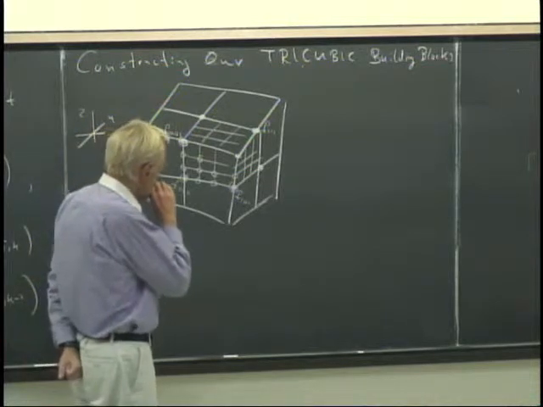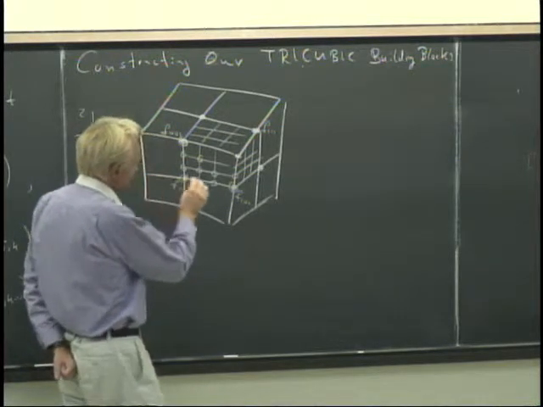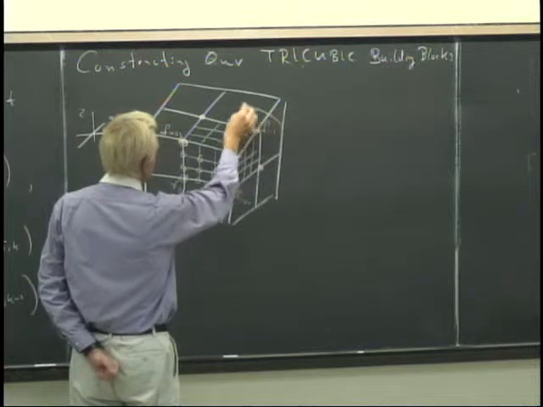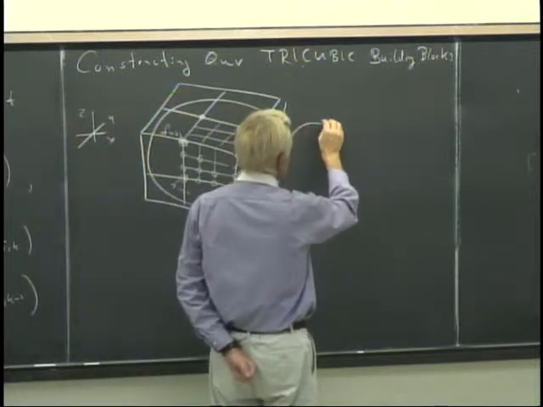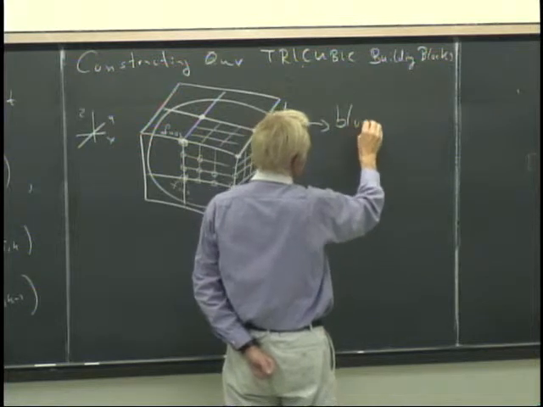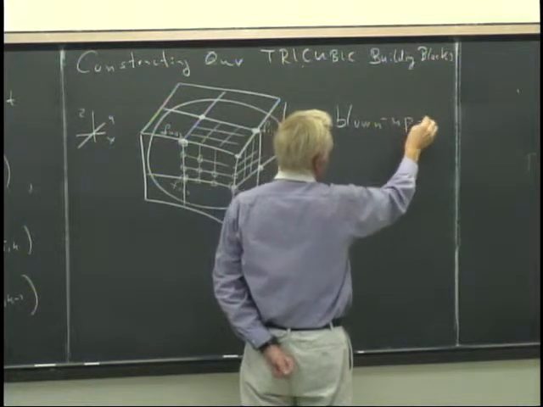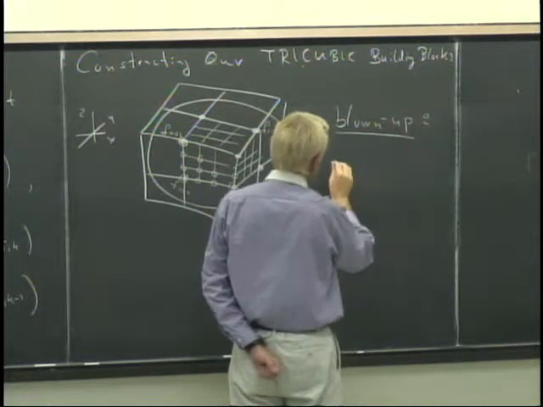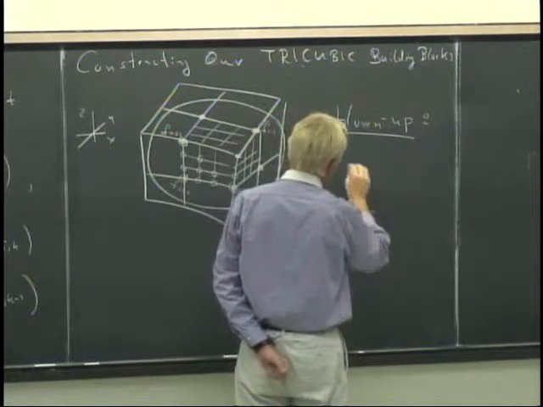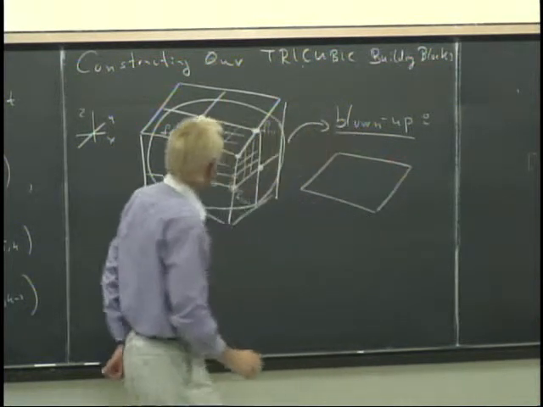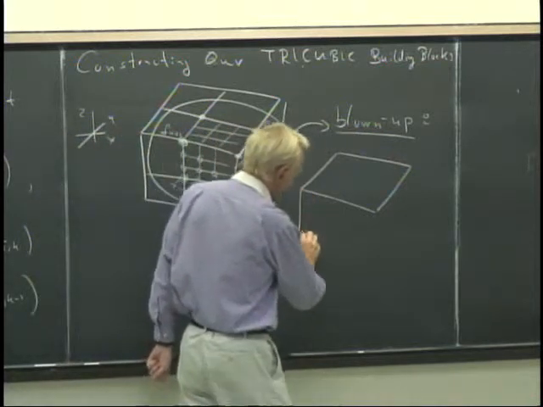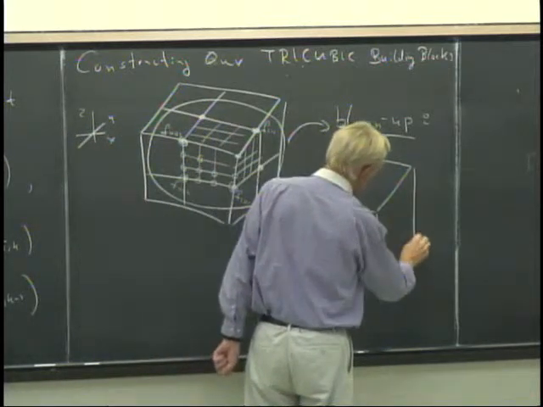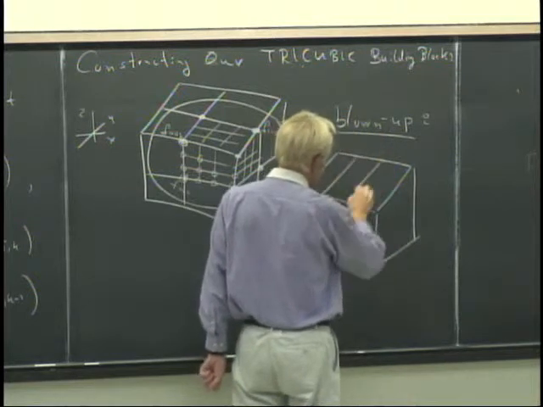All right, now I need these coefficients here. Blown up version. What am I after? For just this particular voxel, I need to get these 64 numbers.